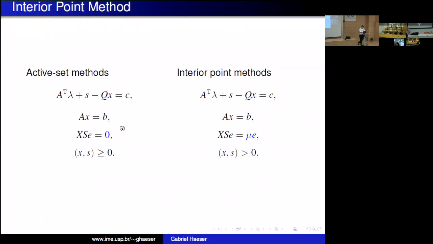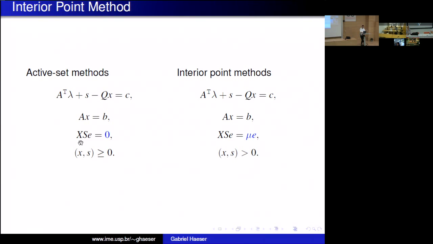So the difficulty here is that this complementarity constraint is hard to deal with. The simplex method, or more generally, active set methods, do the following. You start with a point that satisfies all the constraints, and you have to have a concept of a basis here.